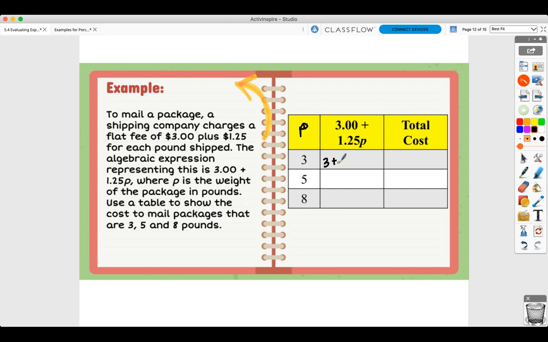So 3 plus 1.25 times 3, and 1.25 times 3 is 3.75, and then 3.75 plus 3 is $6.75.